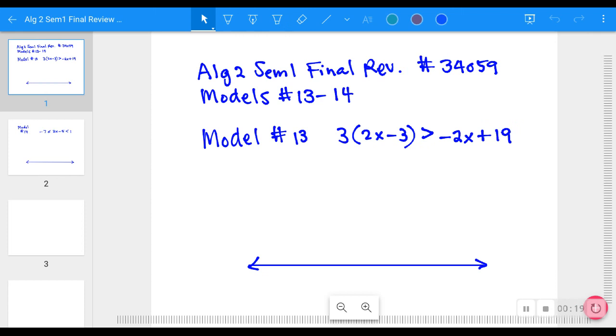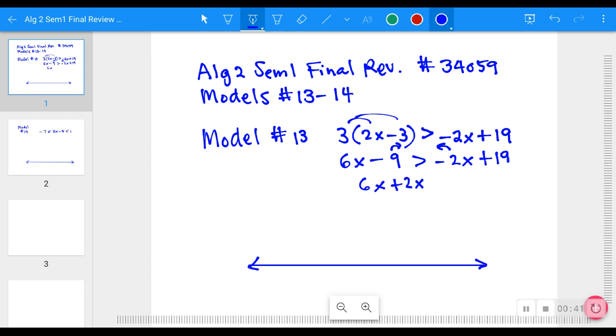So what we're going to do here on problem 13 is we're going to start by distributing. So you get 6x minus 9 is greater than negative 2x plus 19. All right, collect your like terms by taking stuff over. So 6x is already over here. You're going to get a plus 2x joining it from the other side.